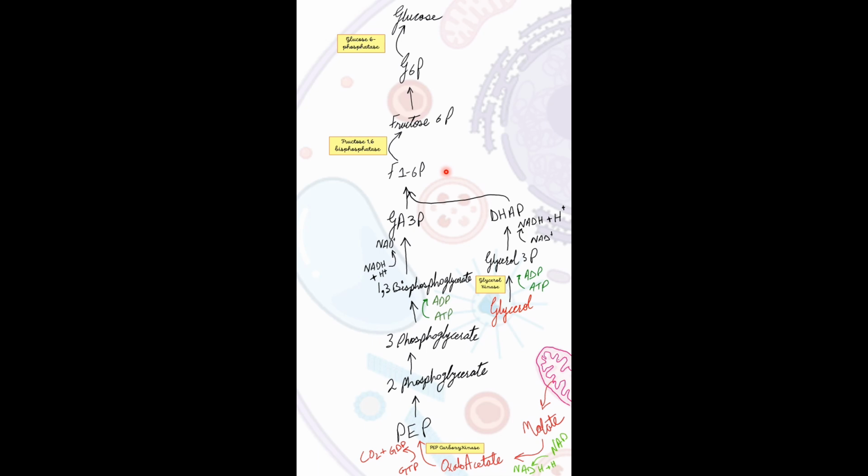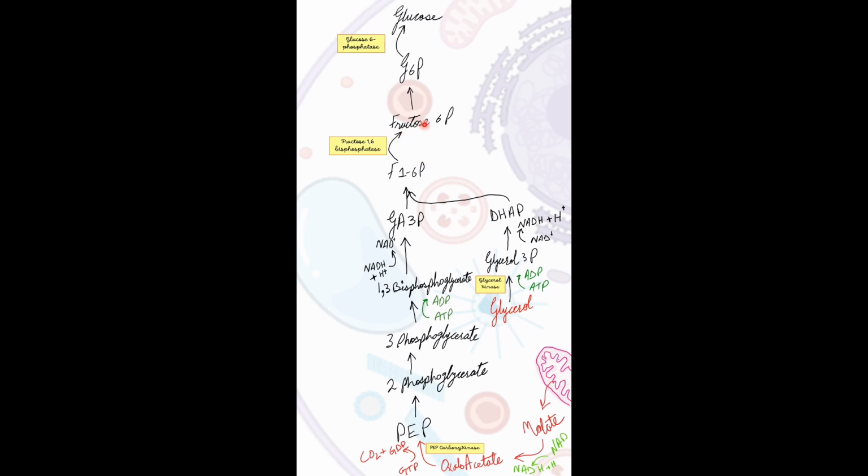So fructose 1,6-bisphosphate will be converted into fructose 6-phosphate, but the enzyme here is fructose 1,6-bisphosphatase. It's not the same enzyme as phosphofructokinase, when fructose 6-phosphate was converted into fructose 1,6-bisphosphate during glycolysis.